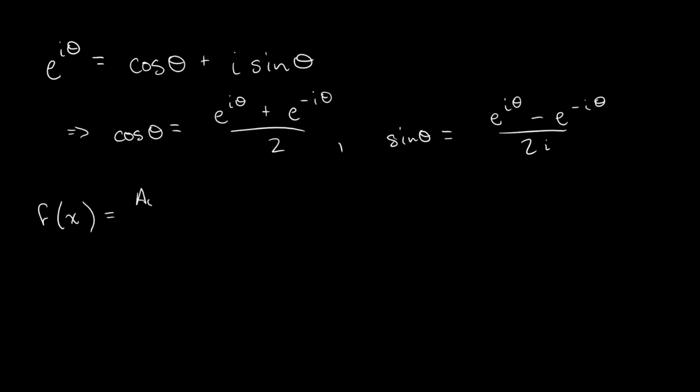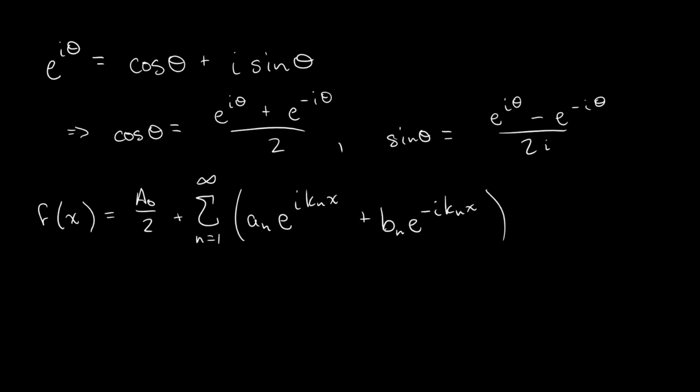So again, this is the Fourier series for periodic boundary conditions: the sum from n equals 1 to infinity of a sub n e to the I k sub n x plus b sub n e to the minus I k sub n x, where I just defined new constants, a sub n equals (A sub n minus I B sub n) over 2, and then b sub n equals (A sub n plus I B sub n) over 2.